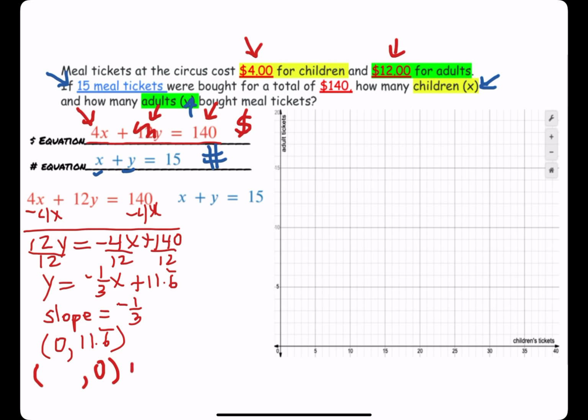And I will have 4x equals 140. Dividing both sides by 4, I get x equals 35. And that is a very good starting point. So start from your x-intercept when you have to, rather than your y-intercept.